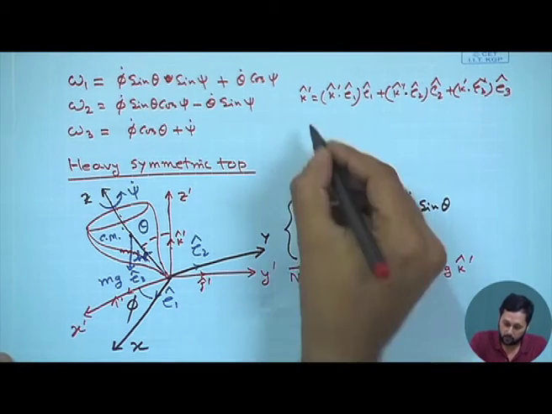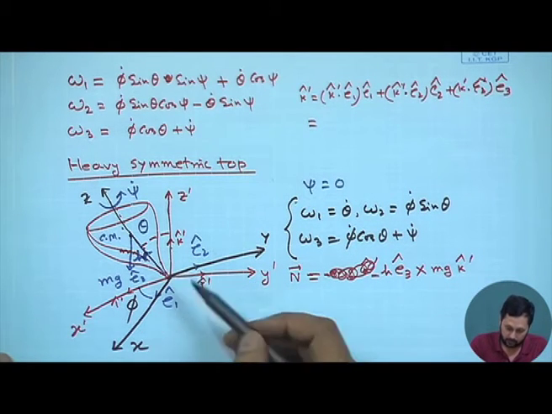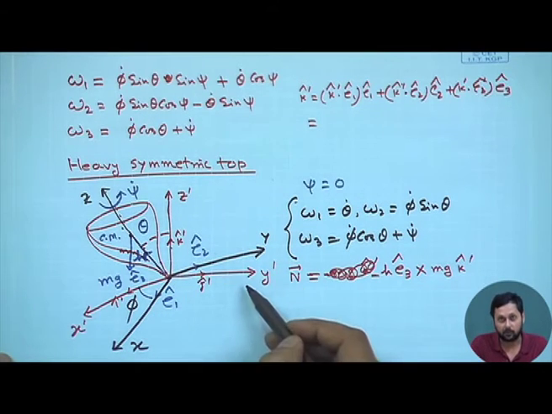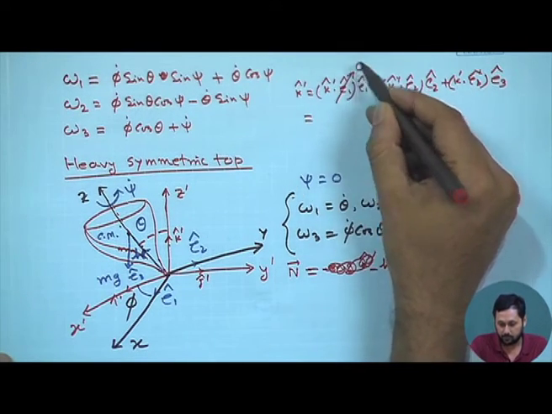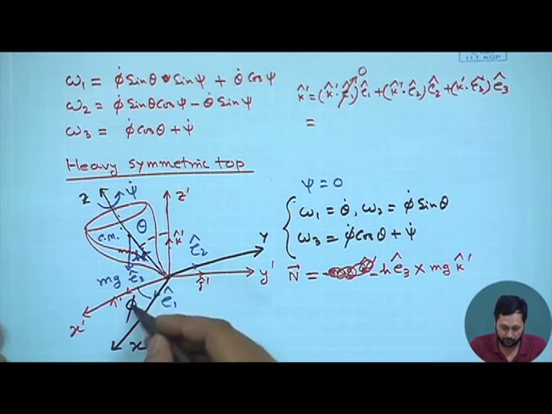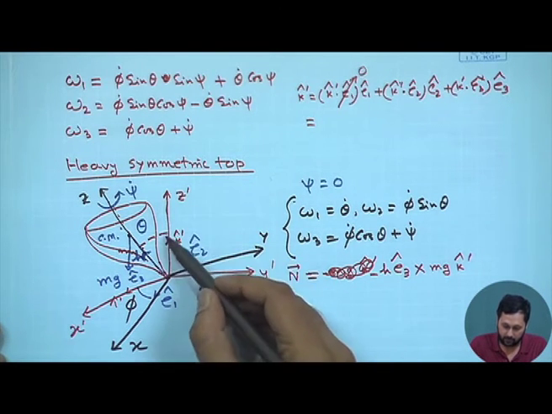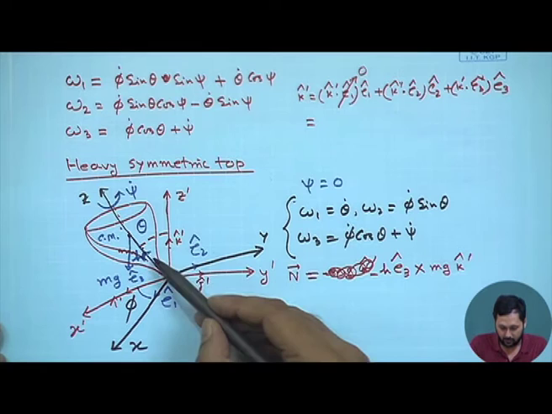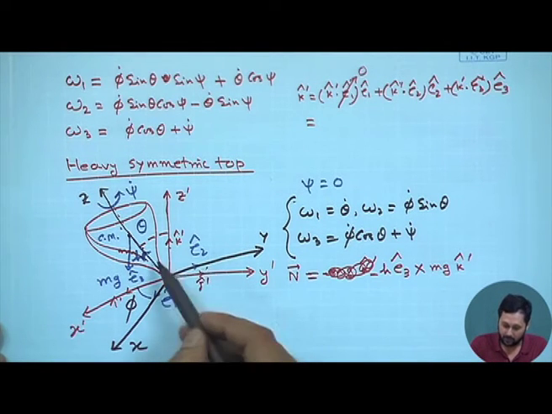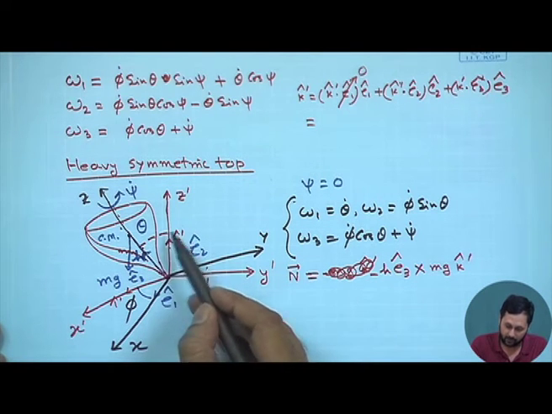Okay. We see that E1 is always perpendicular to k prime, because it is in the xy plane. So, the first term is identically equal to 0, whatever may be the value of phi. And if that is the case, then this can be decomposed in this body yz plane, and we can write it by considering this angle theta.